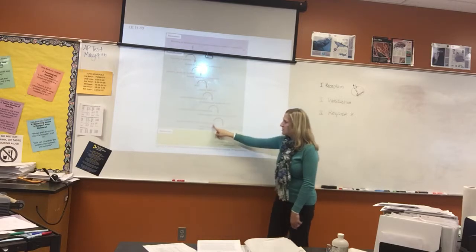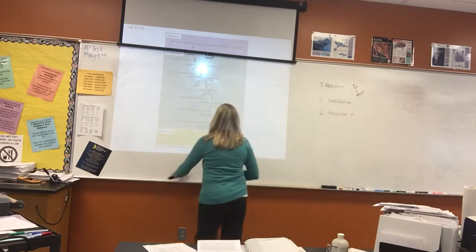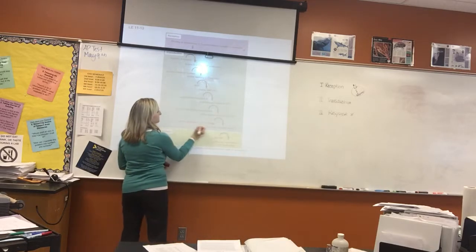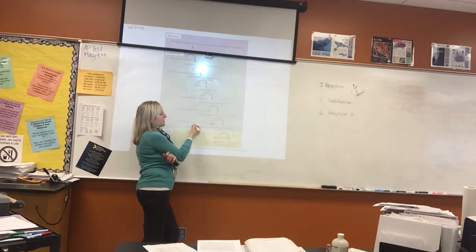You've never heard of glycogen phosphorylase, most likely, but what do you know about it? It's an enzyme, right? It ends in -ase, so this is an enzyme, and glycogen phosphorylase, what do you think it does? That's right, and that's exactly what it does.